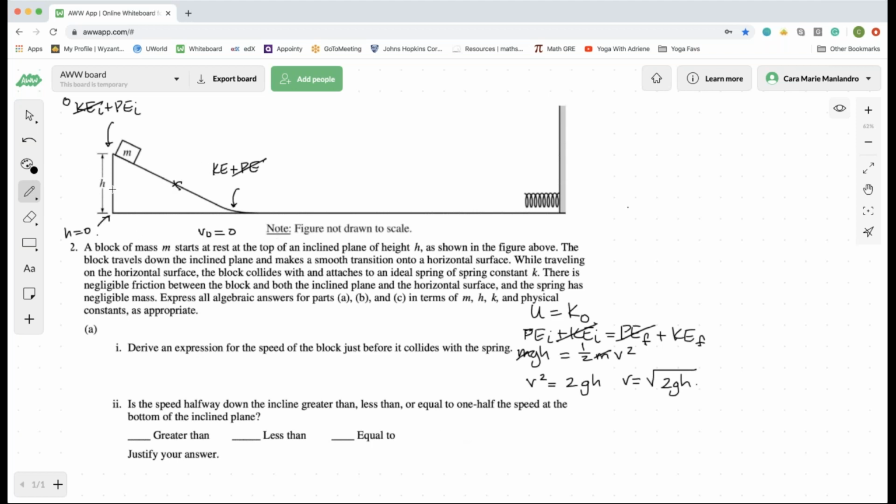I would understand that this is h over 2, and I'd do the exact same calculation. So I would start with mgh, and I would be setting, let me see, is the speed halfway down the incline greater than, less than, or equal to 1/2 the speed at the bottom of the incline?